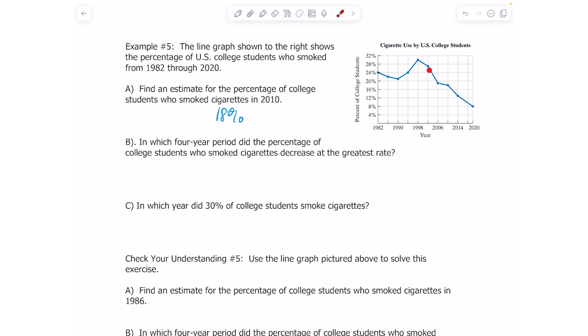If you compare these in segments, anywhere it's decreasing, like here it's decreasing, here, here, and there. Also here, right? And in here. Where is it the steepest though? It's in between these 2 years. So that would be from 2002 to 2006.